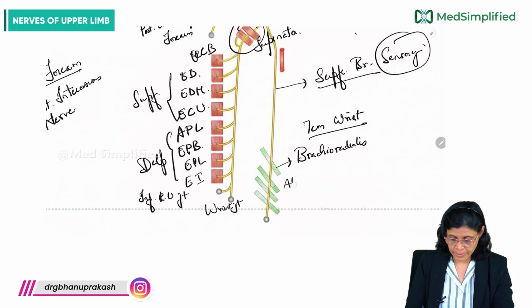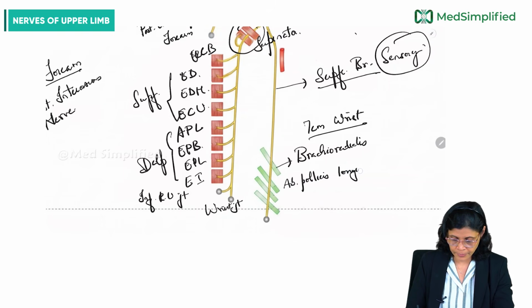We have abductor pollicis longus, then extensor pollicis brevis and extensor pollicis longus here.